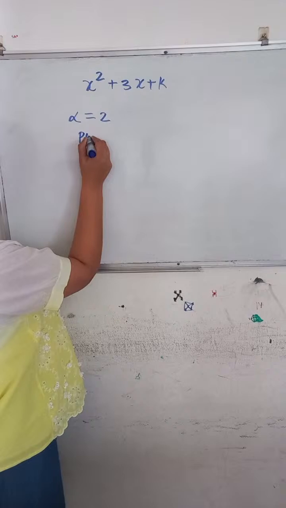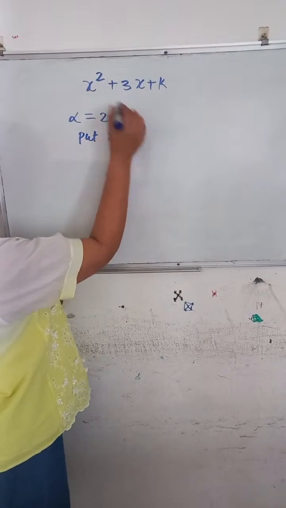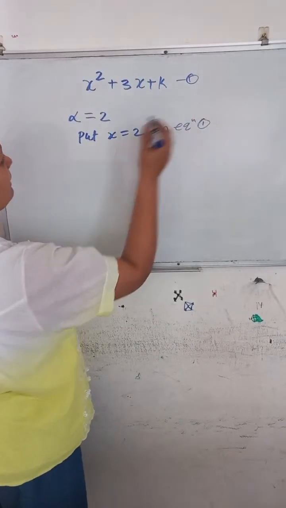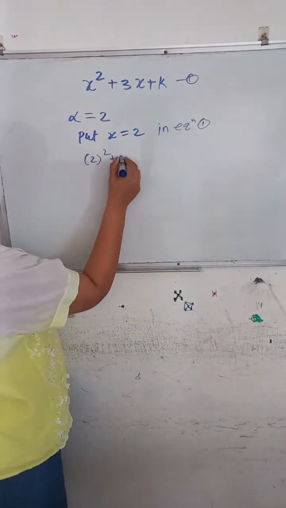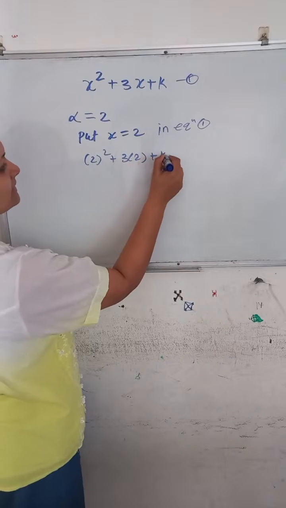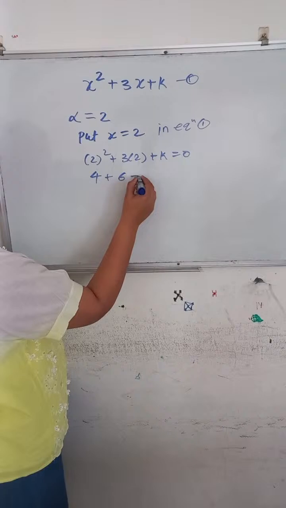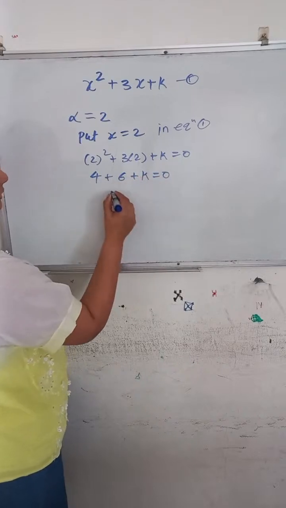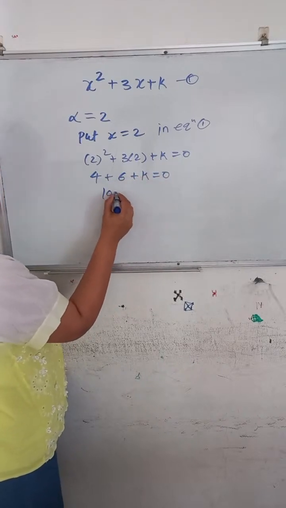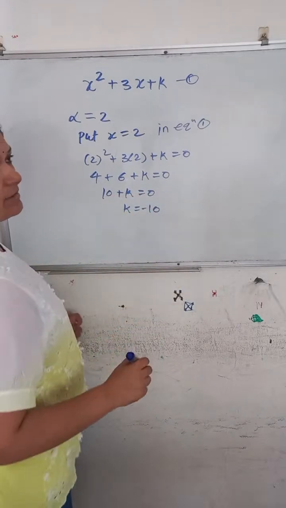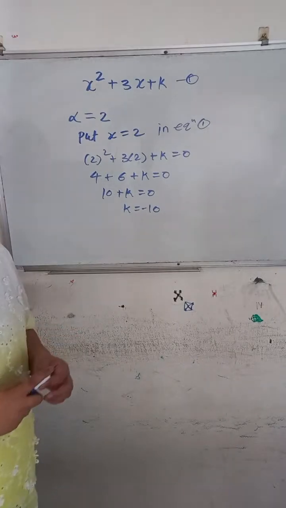Suppose we put x equal to 2 in equation number 1: 2 square plus 3 into 2 plus k is equal to 0. So 4 plus 6 plus k is equal to 0. 6 plus 4 is 10, plus k is equal to 0. So k is equal to minus 10.